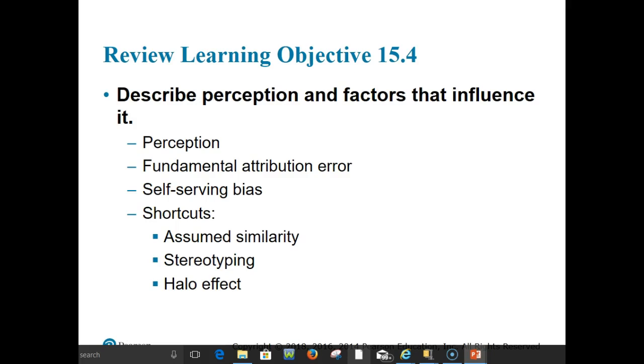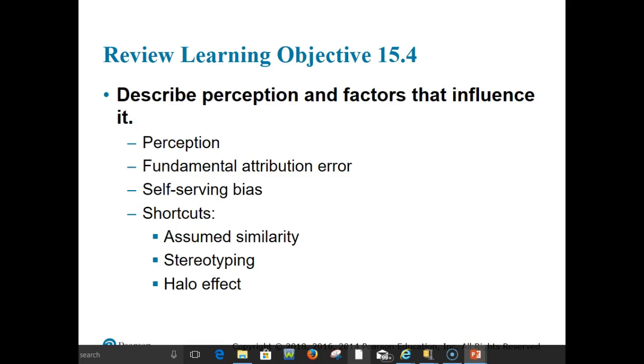Distinctiveness is whether an individual displays different behaviors in different situations. So that is, is the behavior unusual. Consensus is whether others facing a similar situation respond in the same way. And then consistency is when a person engages in behaviors regularly or consistently.